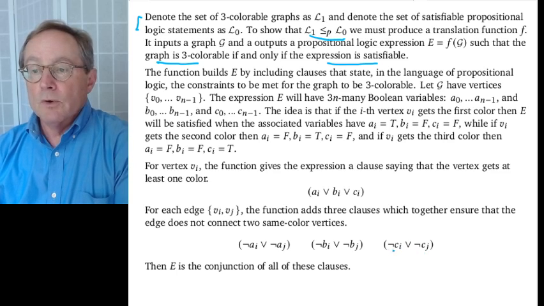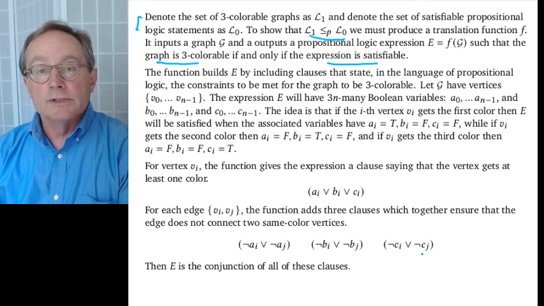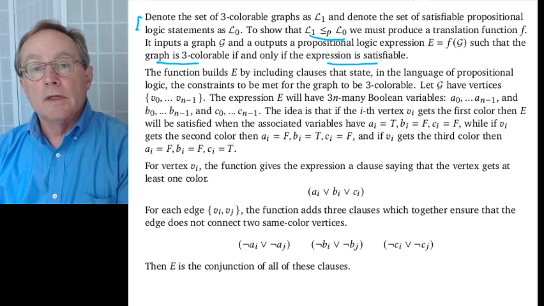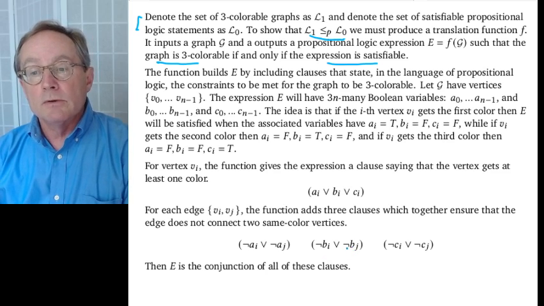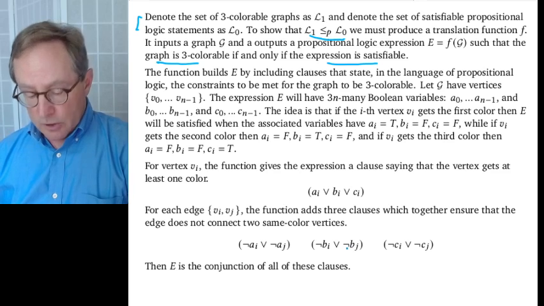So just to focus on the third, it cannot be the case that both vertex I and vertex J are the color C, or the third color. Likewise, it cannot be the case that both vertex I and vertex J are the first color. It cannot be the case that both vertex I and vertex J are the second color. Okay, so that's how I express that you cannot connect 2 same colored vertices. And then I'm going to make the Boolean expression E just going to be the conjunction of all those clauses.